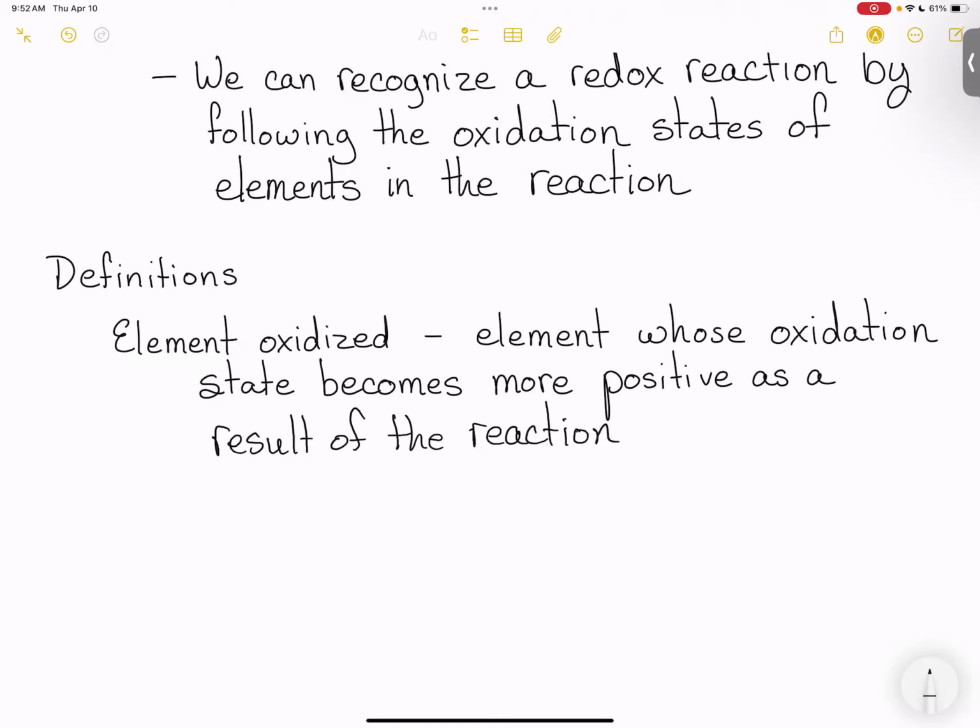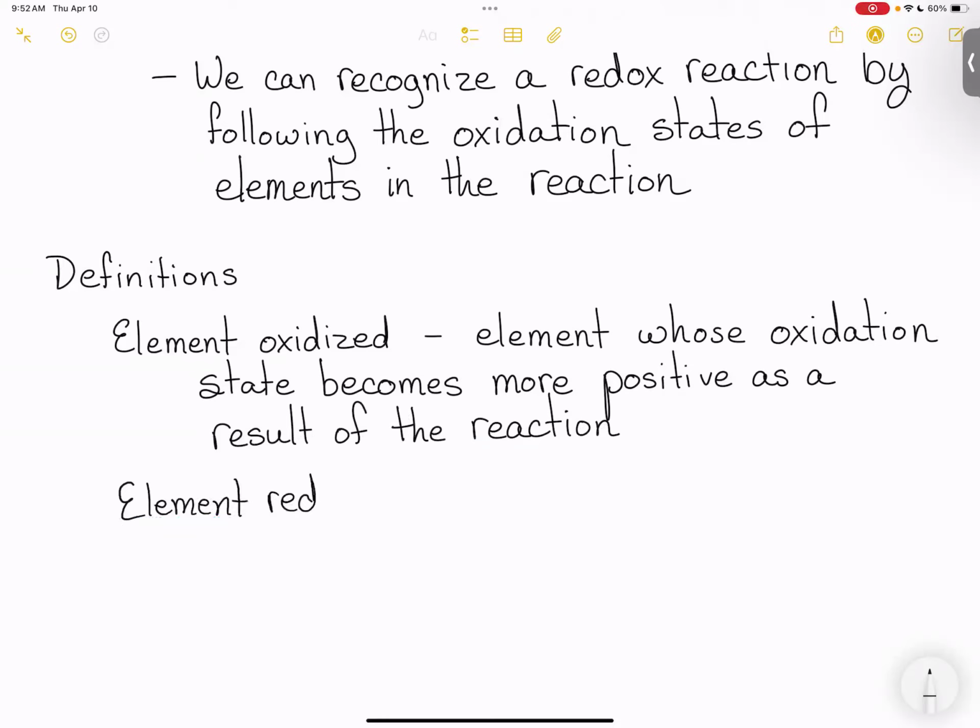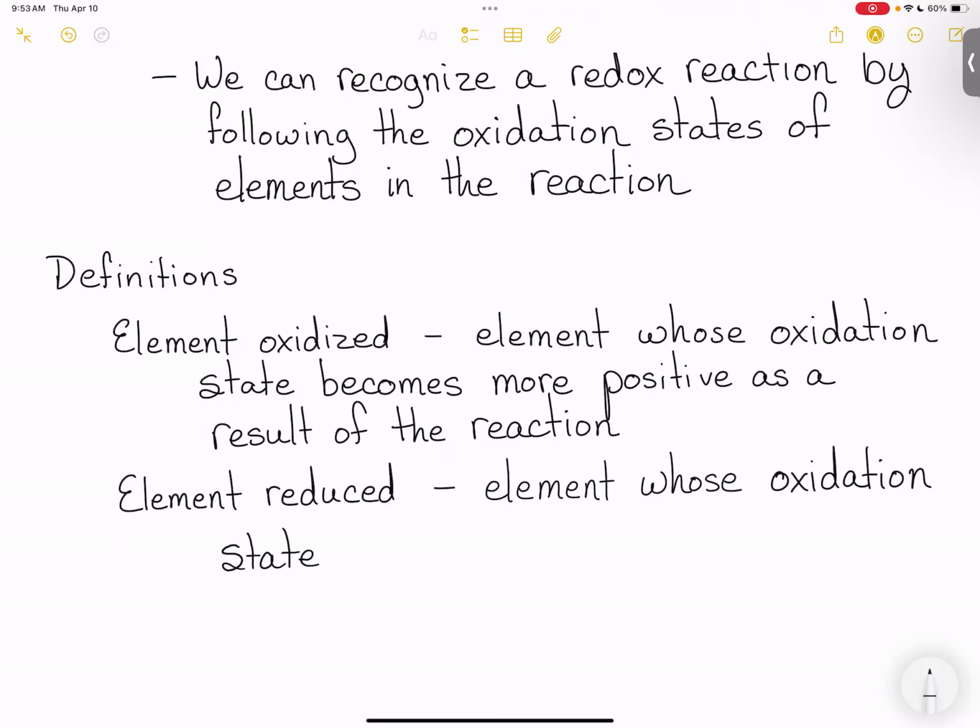The element reduced is the opposite, meaning it's going to be the element whose oxidation state becomes more negative.